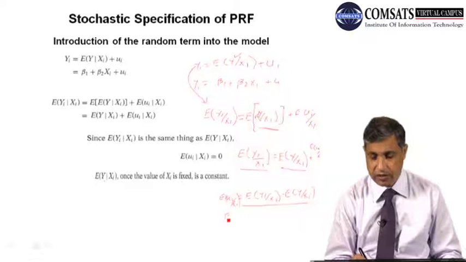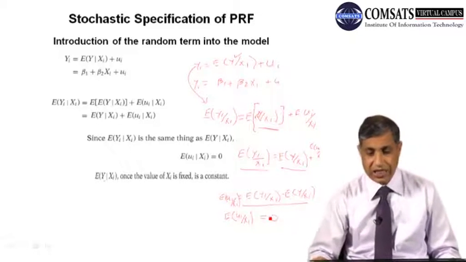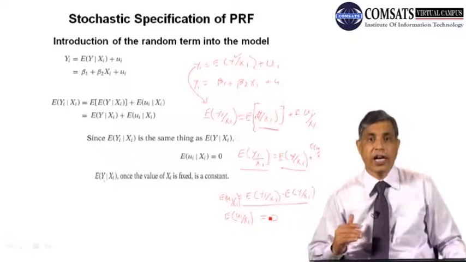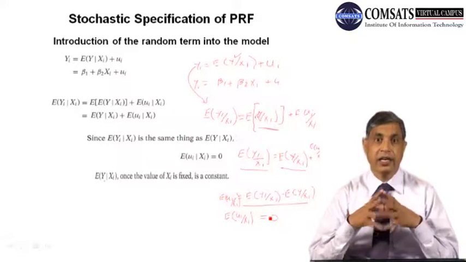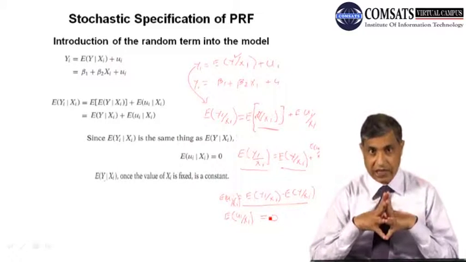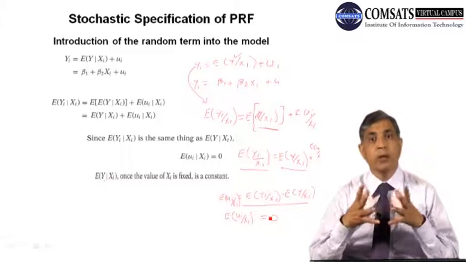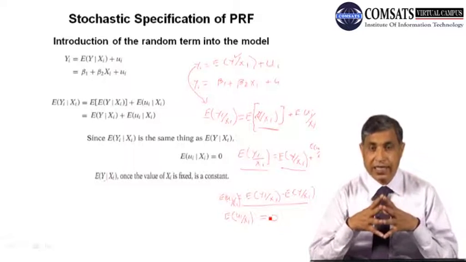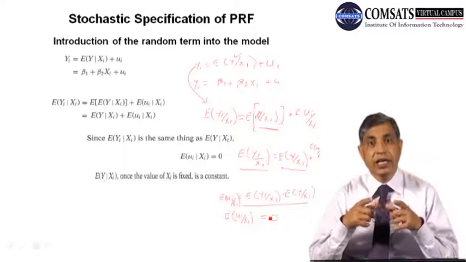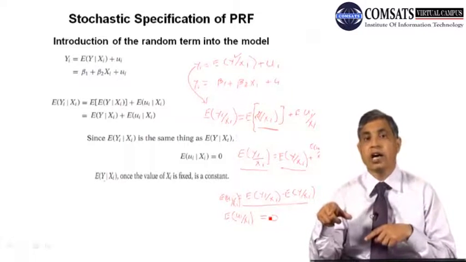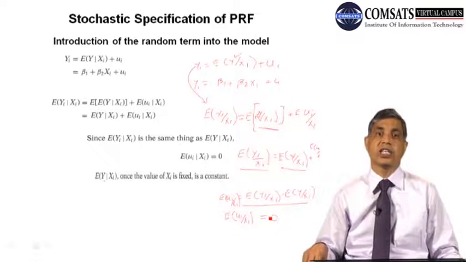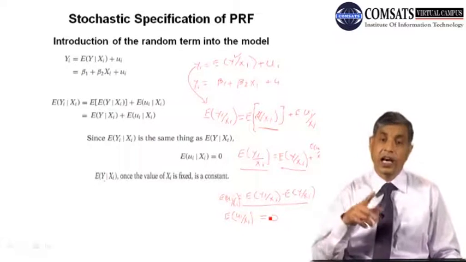So what is the expected value of ui given xi? It is equal to 0. So what this means is that now I have introduced the concept of the stochastic or error term into the population regression function. In the population regression function, we are interested in estimating, predicting, or finding the expected value of the dependent variable on the basis of the x variable, which is independent and fixed.